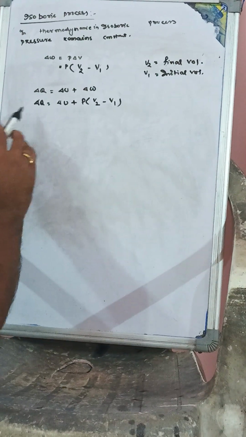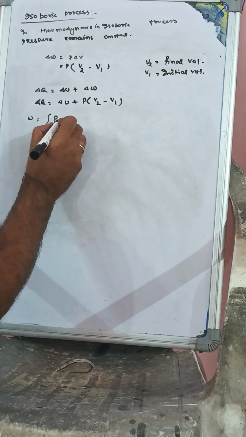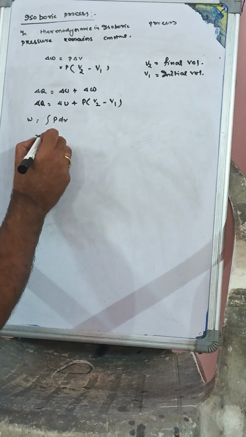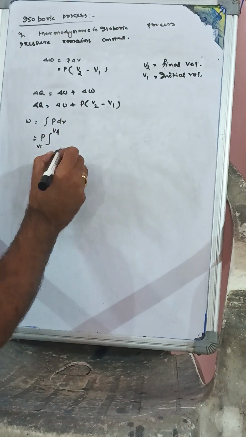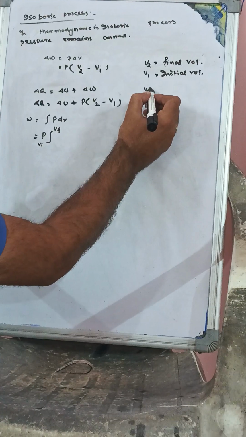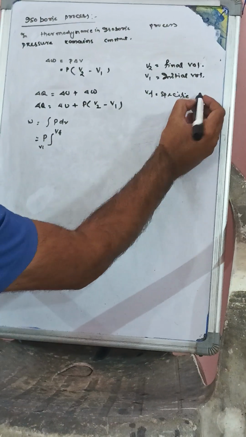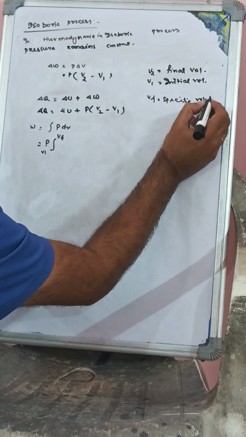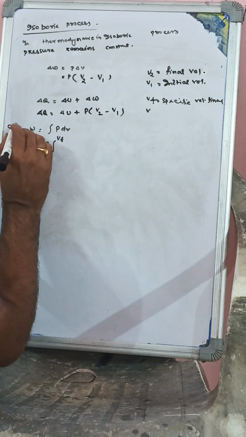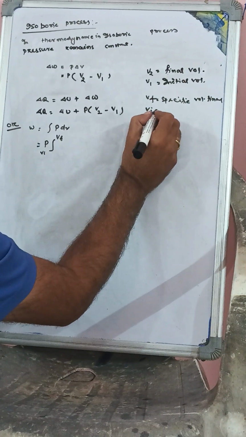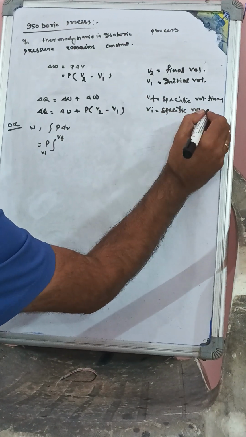Okay, so we get this value, or you can write work done is equal to integration of P dV, P into Vi to Vf. Vf is equal to specific volume final, and Vi is equal to specific volume initial.